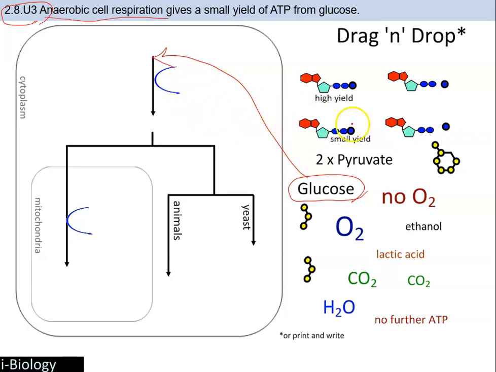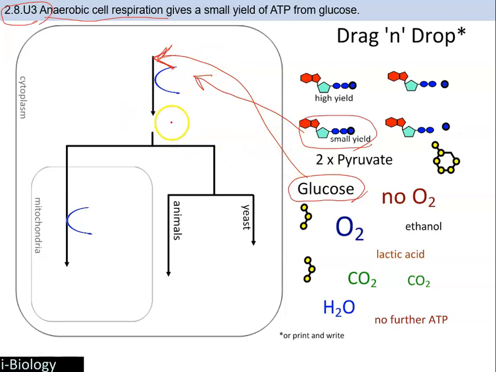Then that would be the ATP, and you know that. Is there a small yield of ATP or high yield of ATP? So this is the first step, and it's happening in the cytoplasm, which is anaerobic. So that would be the small yield of ATP here, which will be produced by this first step, anaerobic respiration.